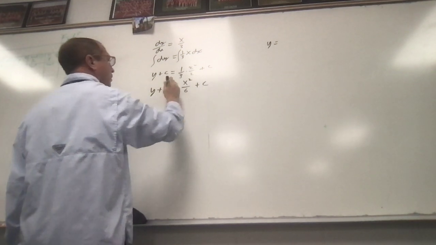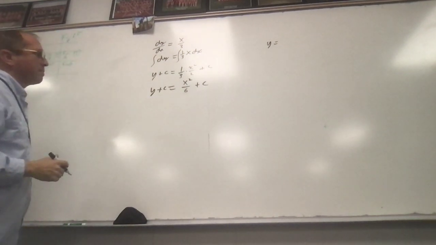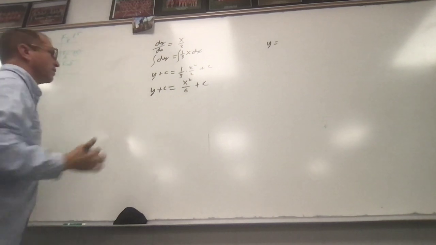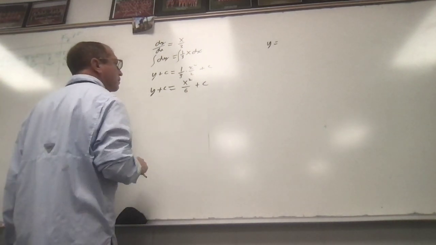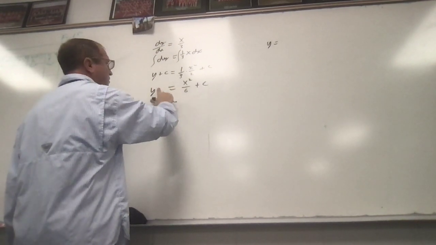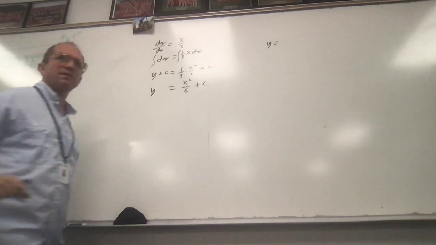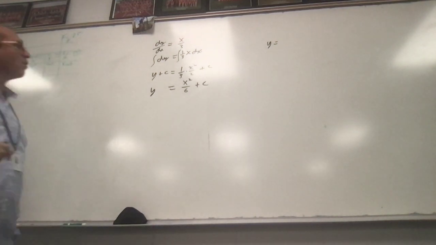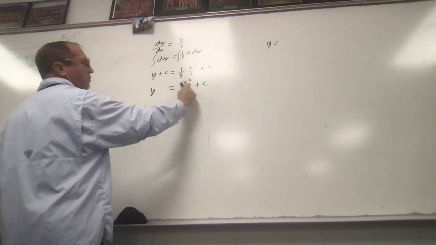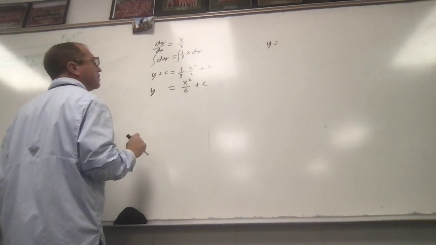Okay, so I've got this y plus c and this x squared, but I want it in terms of y, right? So I need to move this c over to here, right? So what happens with it? It doesn't matter. A constant minus a constant is still a constant. So we get that y equals x squared over 6 plus a constant.